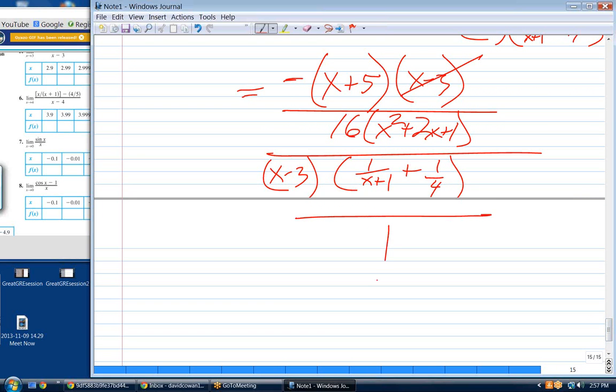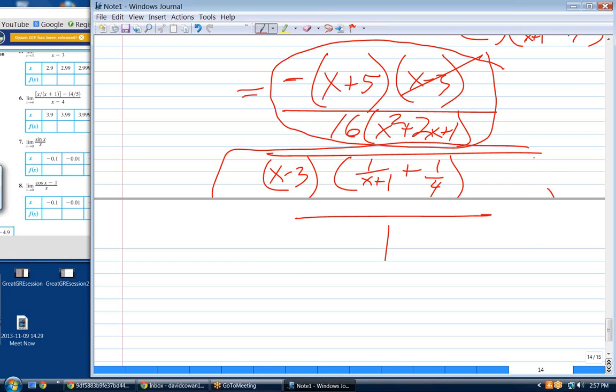That's over 1. So if I wanted to divide this fraction by this fraction, I would flip the bottom one and multiply. My x minus 3's go away, and I end up with minus x plus 5.